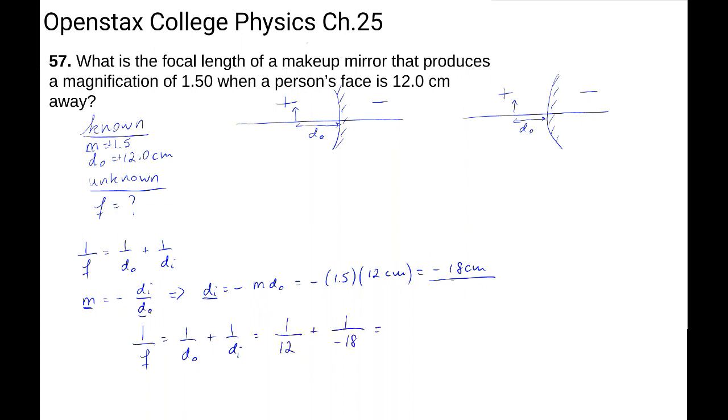If I multiply this by 3 and this by 2, I have 3 minus 2, so that gives me a positive 1 over 36. So then the focal length is going to be 36 centimeters.